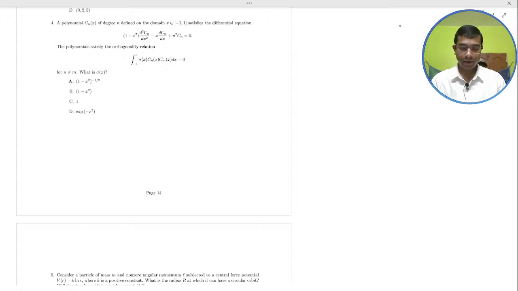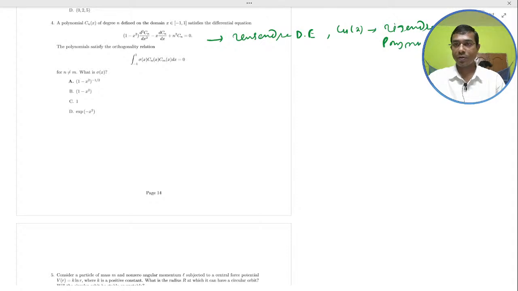I arbitrarily check option 1. Here this is the Legendre differential equation, so Cn x is the Legendre polynomial.